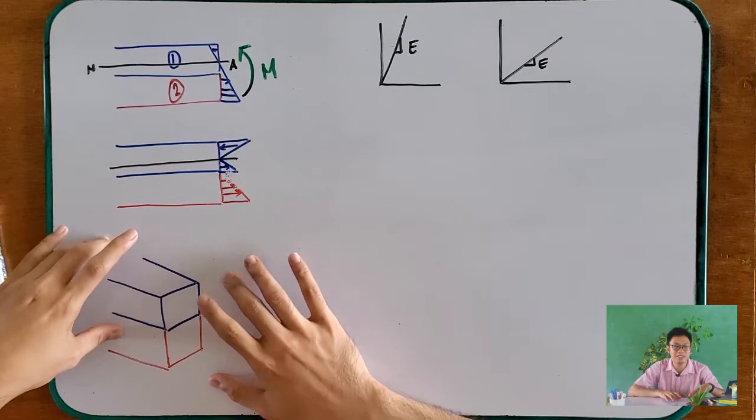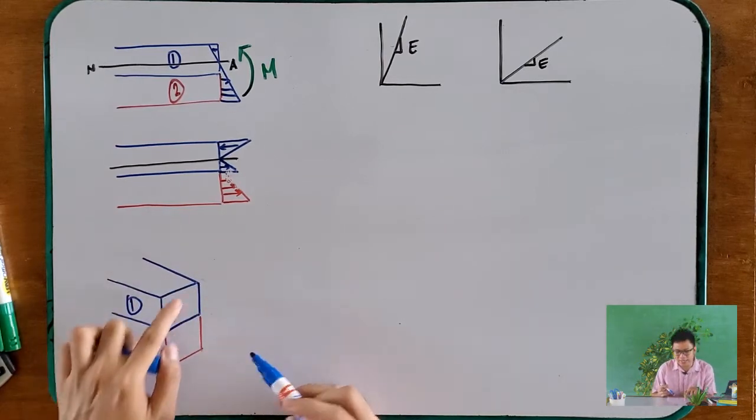So, question: is there any way to make this composite beam a homogeneous beam? There is actually a way to make it homogeneous, and that is what we call the transformation. You have to transform one of these two materials into the other material so that the beam will be homogeneous.